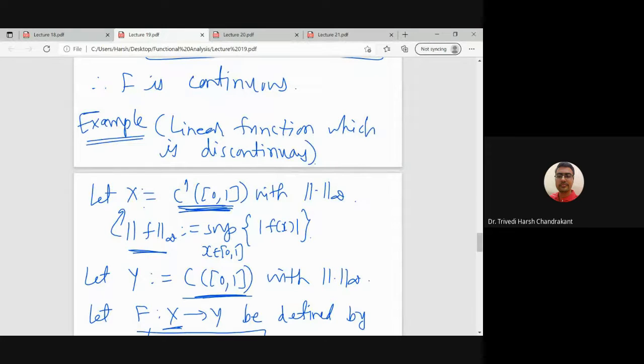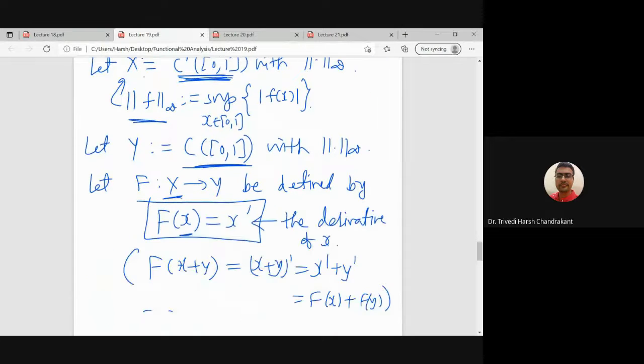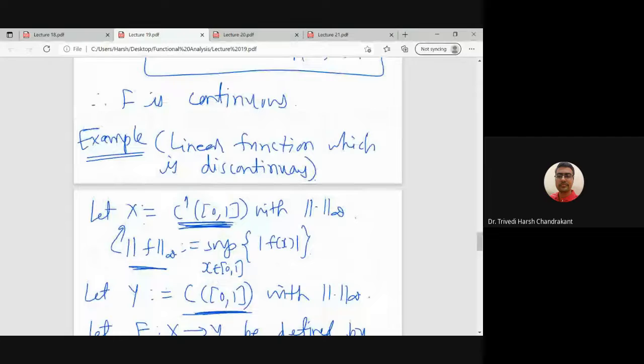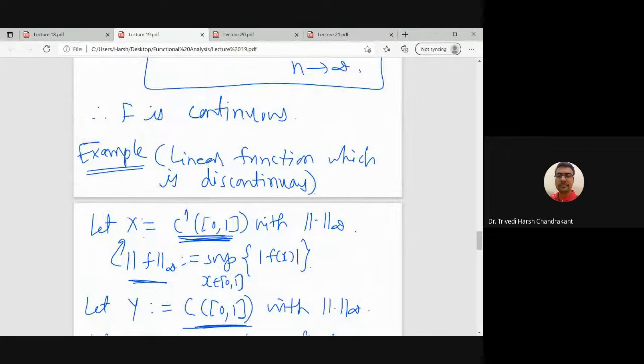So we know that C^1[0,1] is an infinite dimensional vector space, right? Because in C^1[0,1] there are infinitely many functions which are linearly independent. If we talk about the function in variable t, then the functions are 1, t, t square, t power n, and so on. Those functions are once differentiable functions, continuous on the closed interval [0,1] and differentiable once on the open interval (0,1).